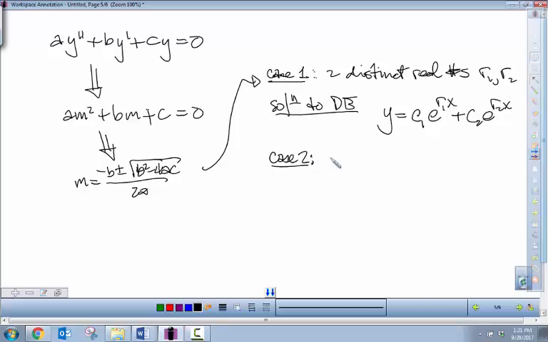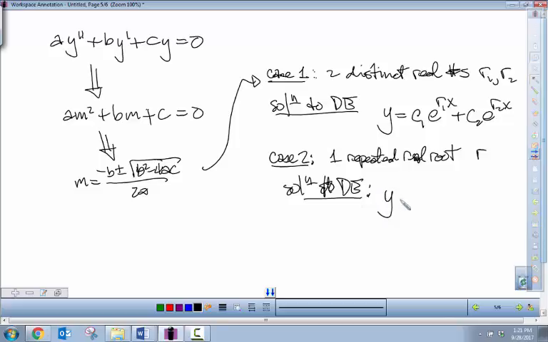In the second case, we have one repeated root. One repeated real root, let's just call it R. And then your solution to your differential equation is going to be given by, so you need two in your fundamental set. So the first one is obvious, it's just e to the R times x.